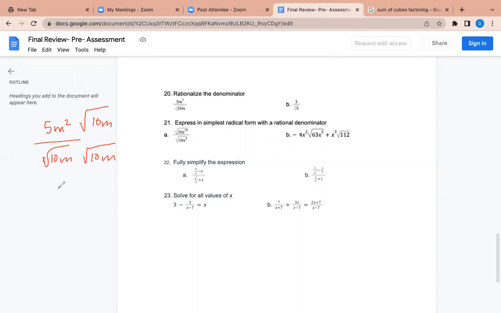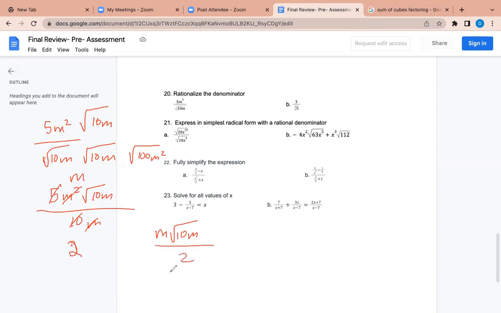By doing that, it becomes 5m squared radical 10m, and then this is 100m squared, which is 10m, all over 10m. You can cancel these here, and you cancel these. So there's an m left over, and there's a 2 left over down here. So it will be m radical 10m all over 2.